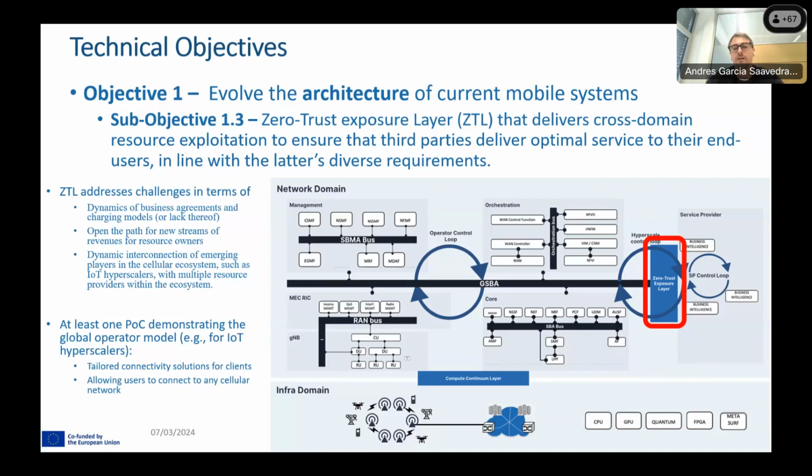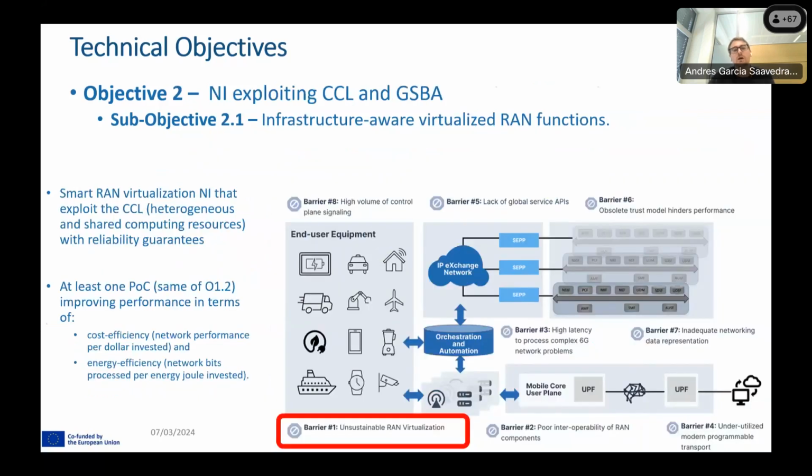And for each of these architectural innovations, our goal is to build a proof of concept that demonstrates the advantages of each of these innovations. I mentioned before also that we want to connect different planes like 3GPP, Open RAN, ETSI, with a plane called the Network Intelligence plane.